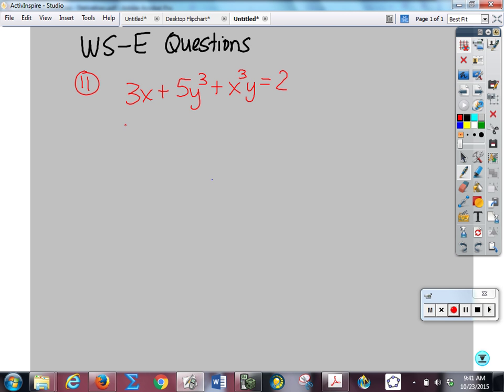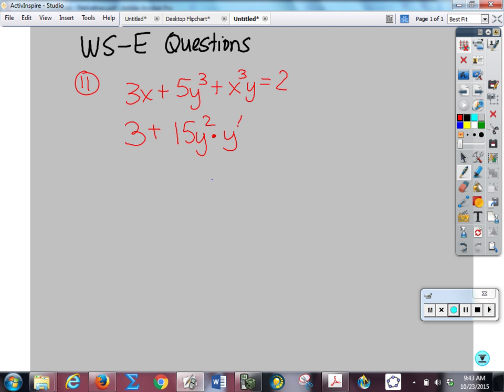And now the derivative of the outer function, because y is a function of x. How do I do the derivative of 5y cubed? After you do that, every time it's the derivative with respect to x and it's not an x, it's any other variable, you have to multiply by dy dx or y prime.